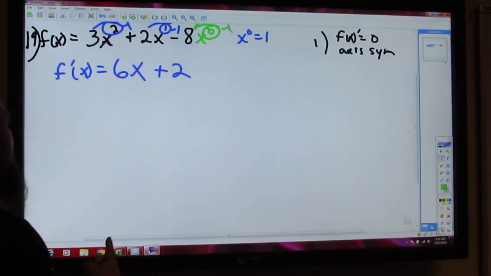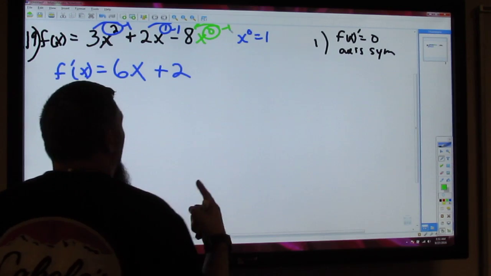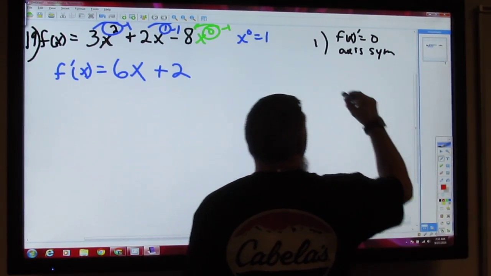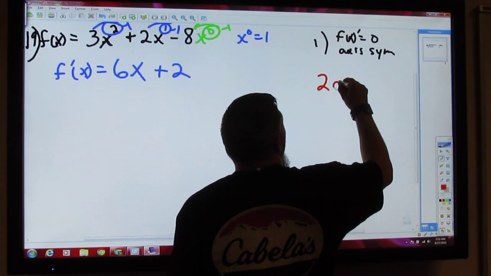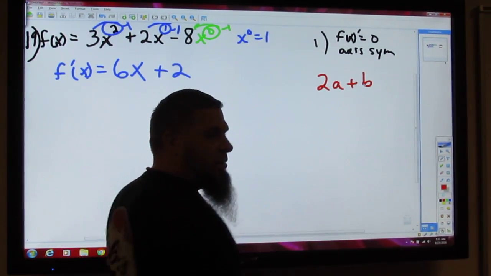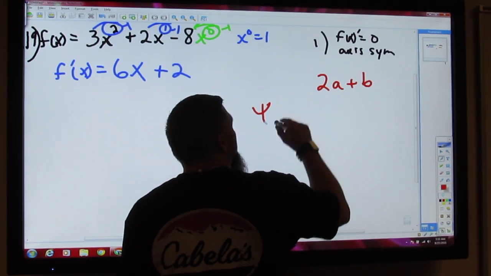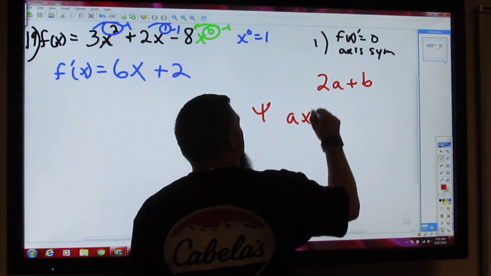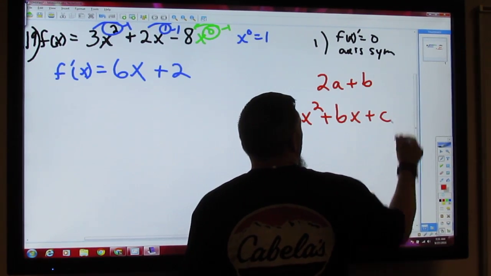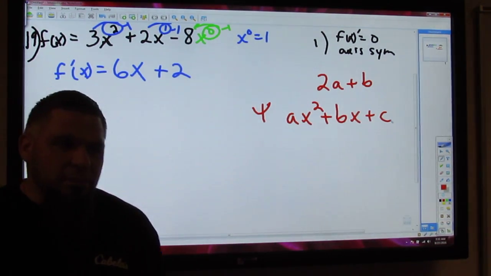Now, I also told you that this is kind of like 2a plus b, whereas ax squared plus bx plus c is the polynomial, right?